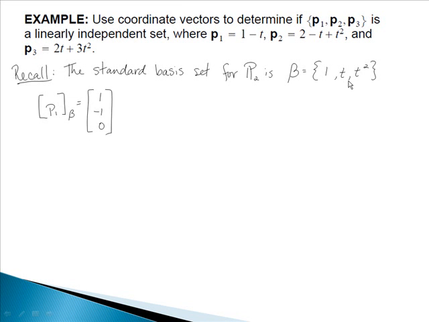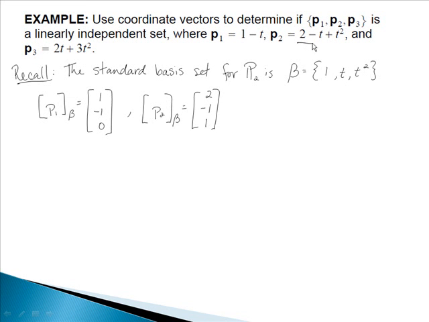This uses the basis set here because I've got 1 times 1 plus negative 1 times t plus 0 times t squared. That gives me p1. Then the B coordinates for p2 would be 2, negative 1, 1, and that's 2 times 1 plus negative 1 times t plus 1 times t squared.